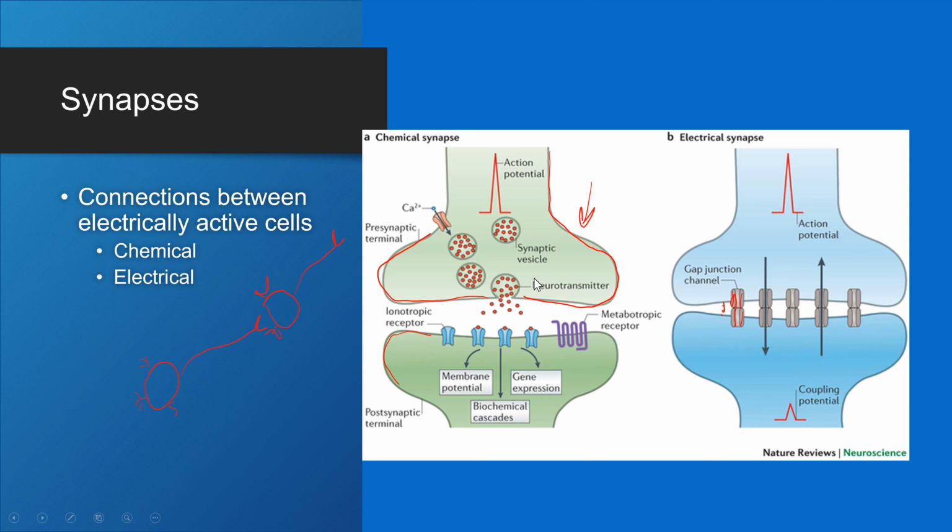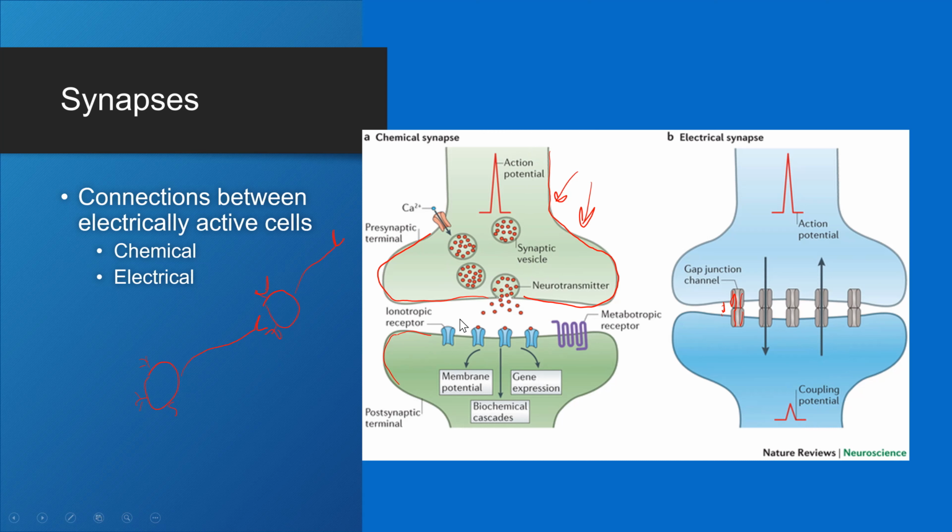And why do we call them chemical synapses? Because chemicals are released in this gap, and that chemical is called a neurotransmitter. So when a signal reaches the axon terminal, synaptic vesicles will fuse with the membrane of the presynaptic neuron, this one called presynaptic.